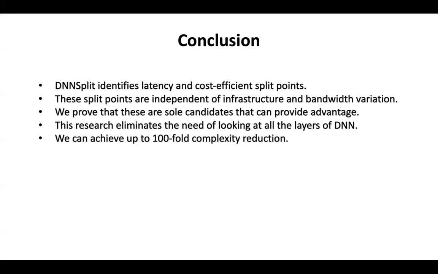This research eliminates the need of looking at all the layers of DNN, which will reduce the complexity of algorithms of all the researchers who are aiming to find algorithms for DNN partitioning. Also, we found that we can achieve up to 100-fold complexity reduction by just looking at these split points instead of looking at all.